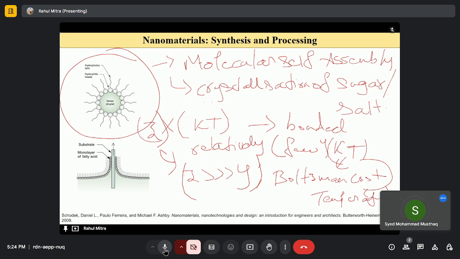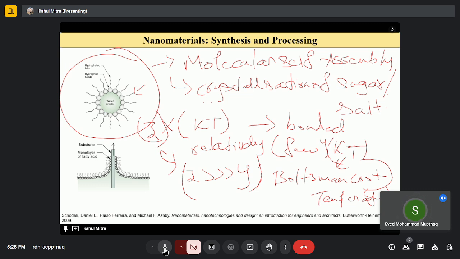So we have a surfactant, which is a long chain polymer. It has two parts. One is the hydrophobic part, which is the tail, and the hydrophilic part, which we call the head. And what the hydrophilic part does is it attracts towards the water droplet. Why the water droplet? Water will have polar bonds, right? H2O.